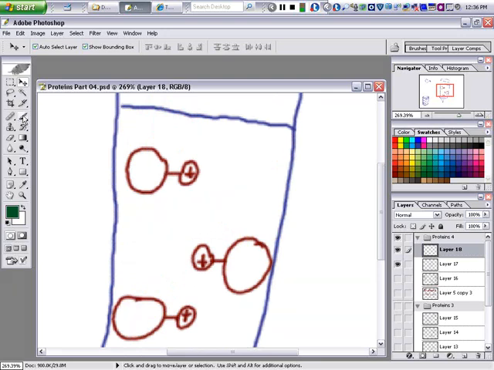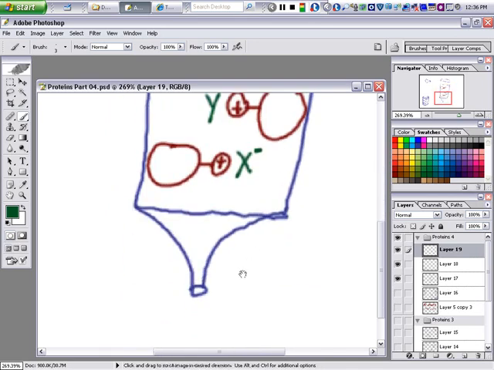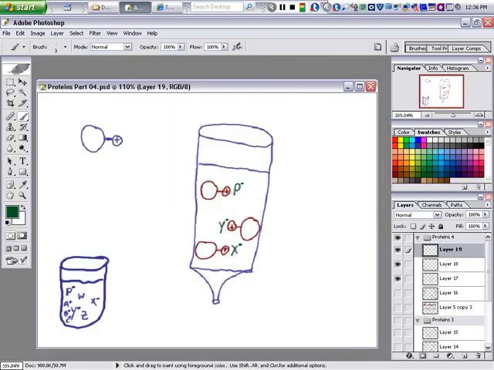So what's going to happen here? Let me go here. I'm on the wrong layer. So when you put this on the column, P is going to stick to the column. Y minus is going to stick to the column, and X minus will stick to the column. What's going to happen to all of those other proteins? They're going to just pass right through. So what's going to pass through?